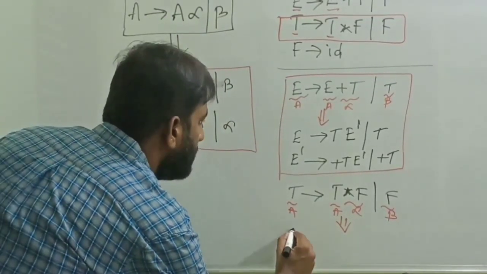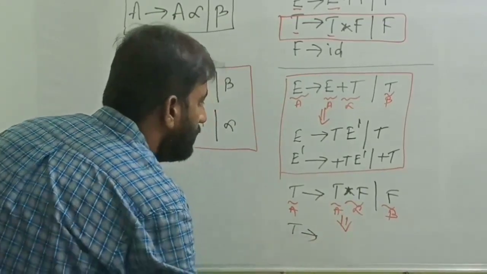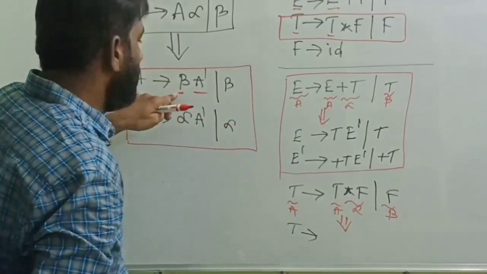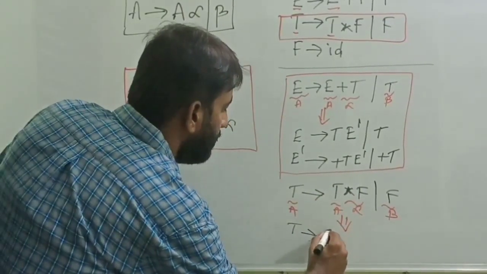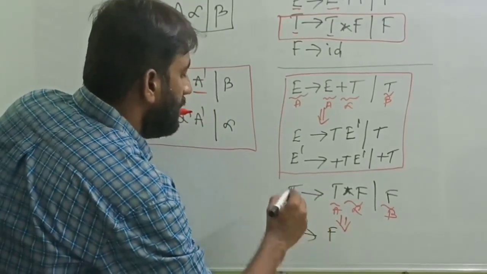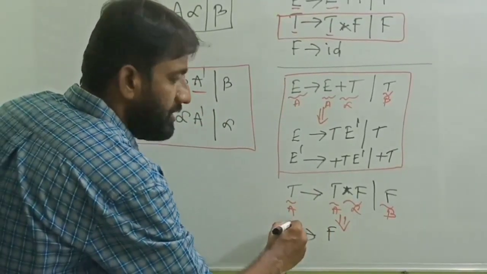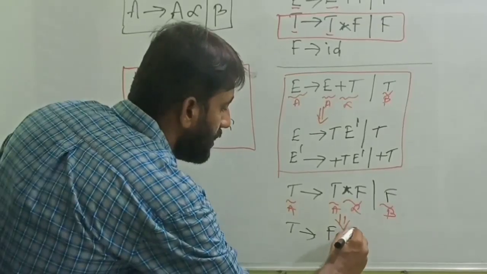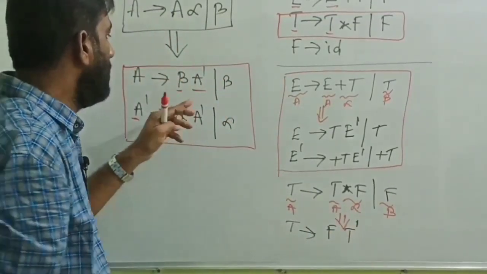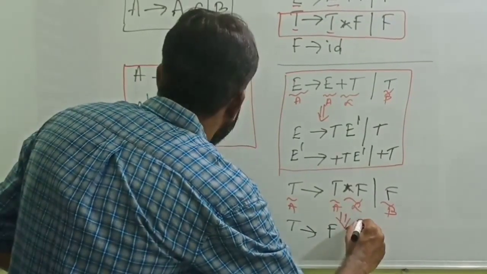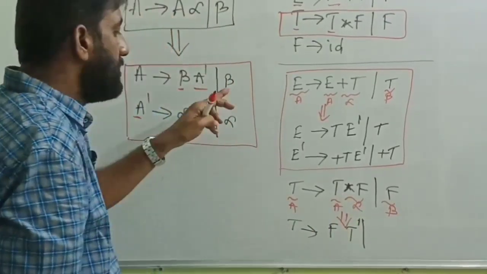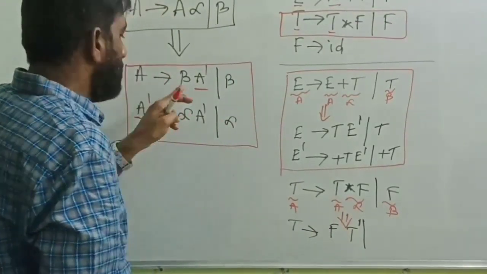So it is T tends to beta. What is the beta part? F. Now we need to write A dash. Maintaining naming conventions, we introduce the new non-terminal name T dash. So T tends to F T dash.